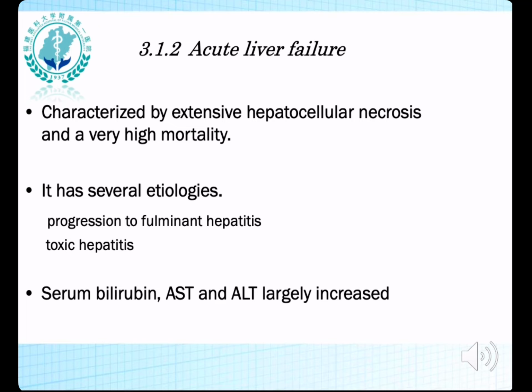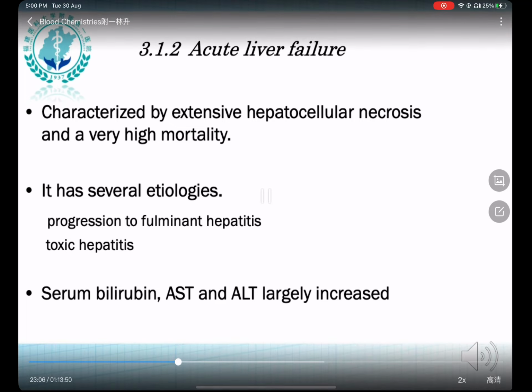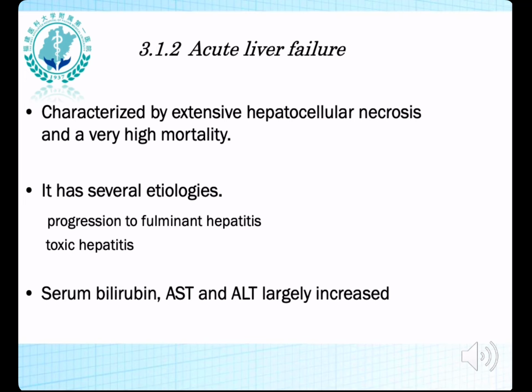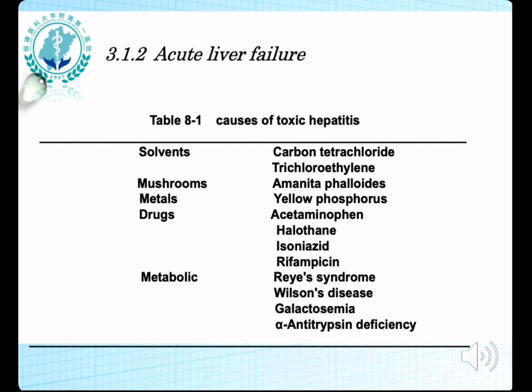Serum bilirubin, AST, and ALT are largely increased for acute liver failure. This figure lists some common causes of toxic hepatitis, such as some chemicals, poisonous mushrooms, alright, metals, some kinds of drugs, and some metabolic reasons, such as Reye's syndrome, Wilson's disease, something like that.